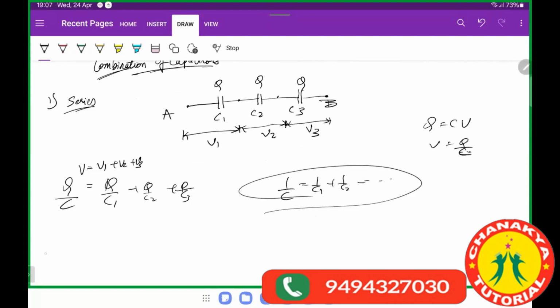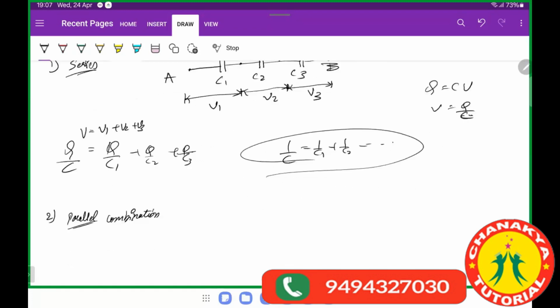Same way if we go for parallel. So for parallel combination, what will be the formula? Aditi?